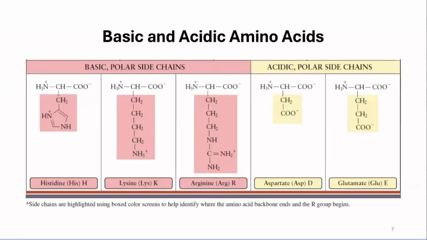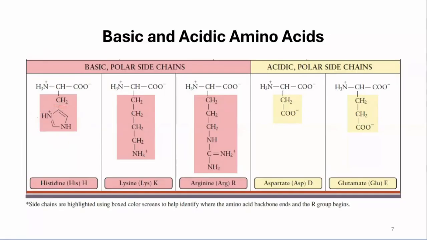Next, we have the basic polar side chains. From that category, we have histidine, lysine, and arginine. We can observe that histidine is specifically part of this group, and we have a heterocyclic amine.